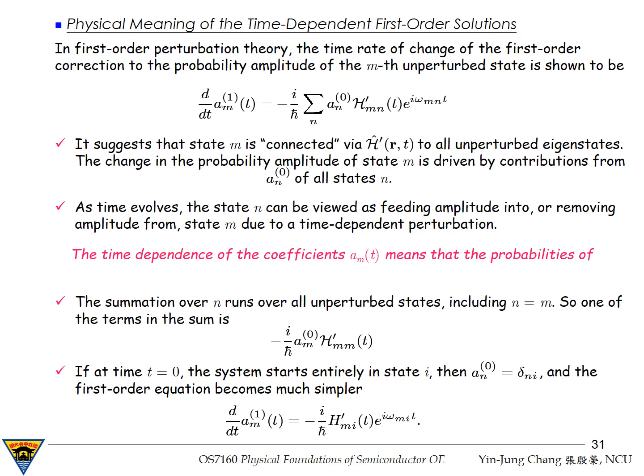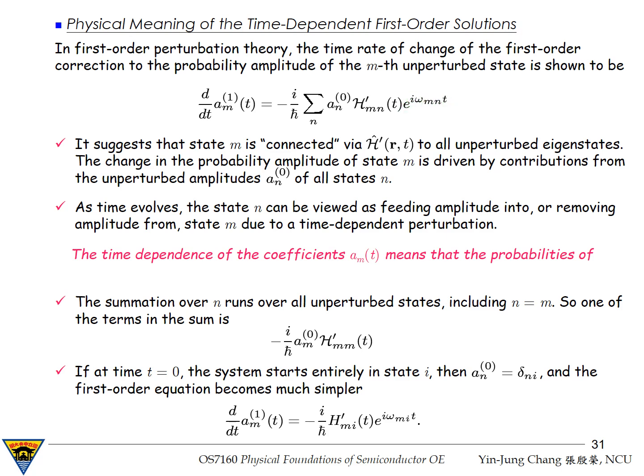The change in the probability amplitude of state m is driven by contributions from the unperturbed amplitudes a sub n naught of all states n, with each contribution determined by the perturbation matrix element H sub mn prime of t and modulated by the oscillatory phase factor e to the i omega sub mn t.